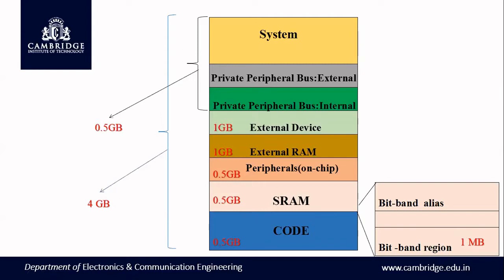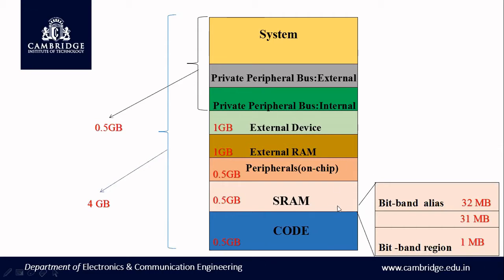Every bit of the 32-bit number stored here can be accessed at bit level, and those bit addresses are what is available in the bit band alias region. And you have 32 MB set aside for having the addresses assigned for the bits which are available at the 1 MB space of the bit band region, right?